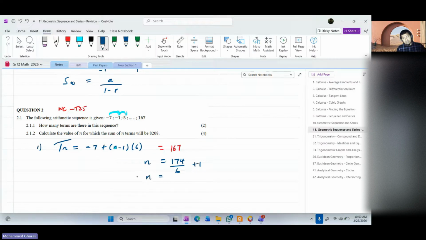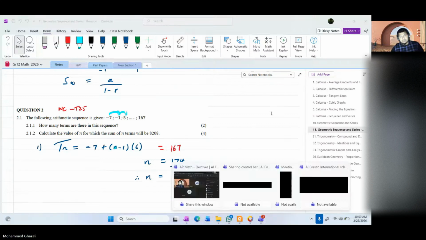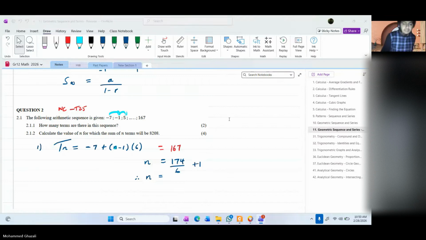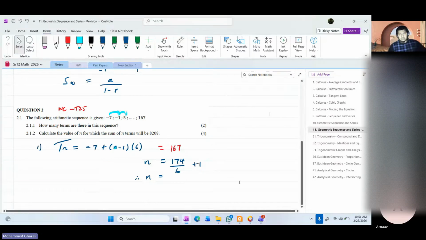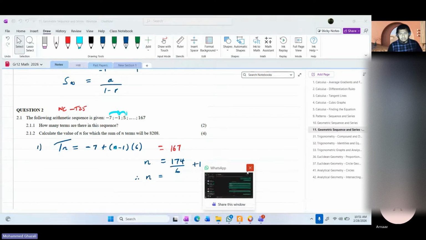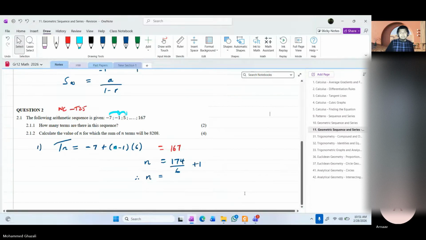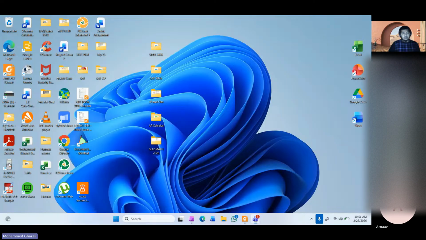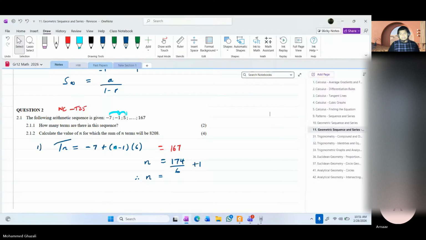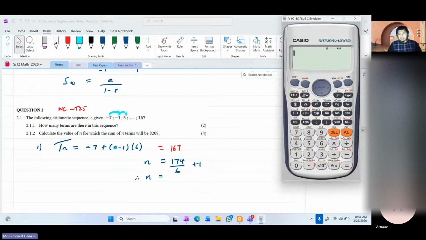Therefore, n is now equal to... someone can do the calculation there quickly. Right, I just want to pop my calculator as well. So we got 174 over 6 and add 1. Right, we get 30 terms.